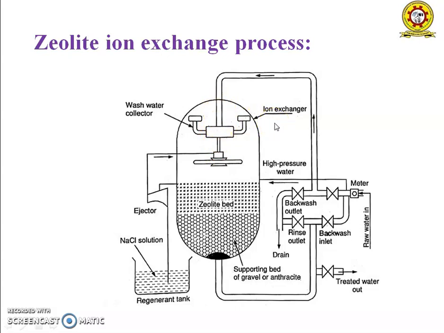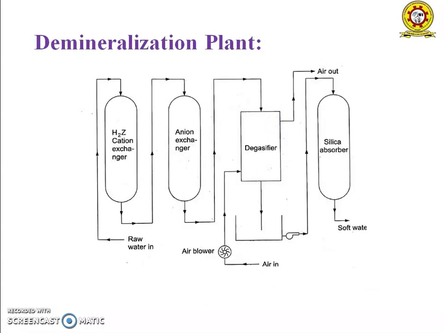Here an ion exchange method is also used. And the next method is demineralization. This is the demineralization process. It is used to remove mineral contents of the water. In this system, raw water enters into the H2Z, that is the cation exchange, the hydrogen zeolite exchange at the top, and then flows into the anion exchange.